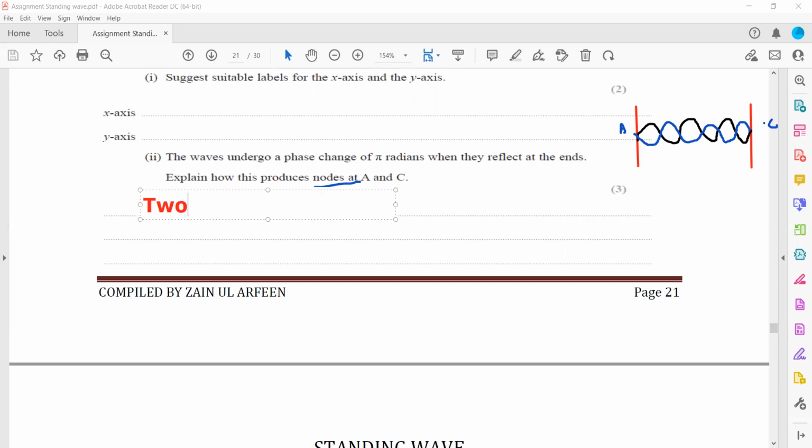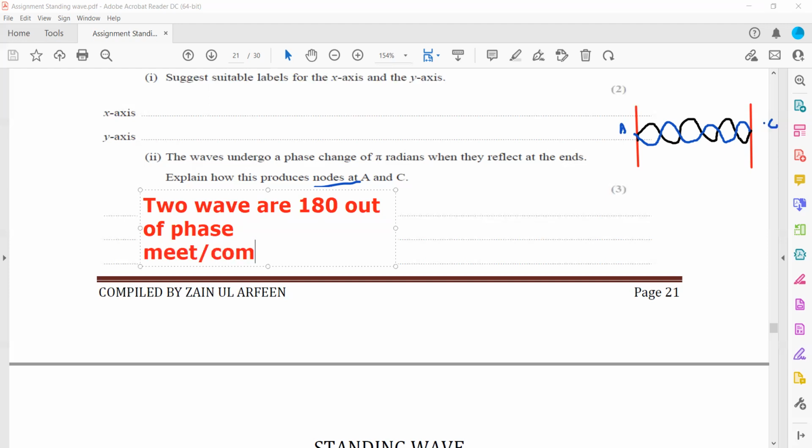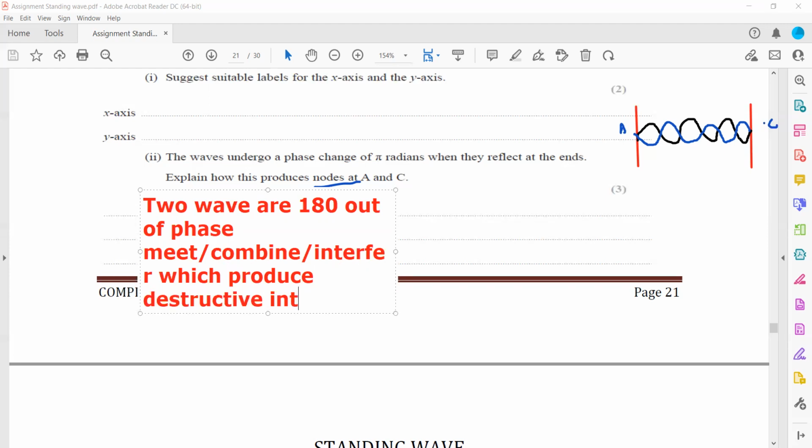So two waves that are 180 degrees out of phase meet each other, combine or interfere with each other, which produces destructive interference, which leads to the formation of a node.